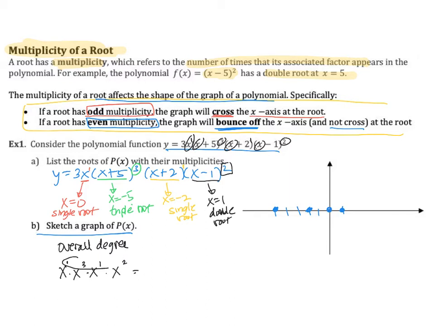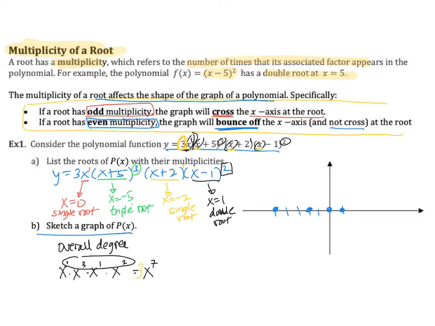So all together, that would be x to the 7th power. That is an odd exponent. Our leading coefficient is positive, a +3, and each of these x factors is positive.